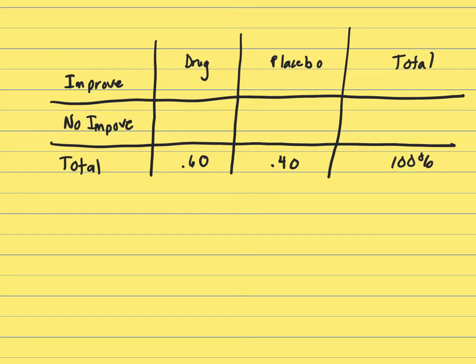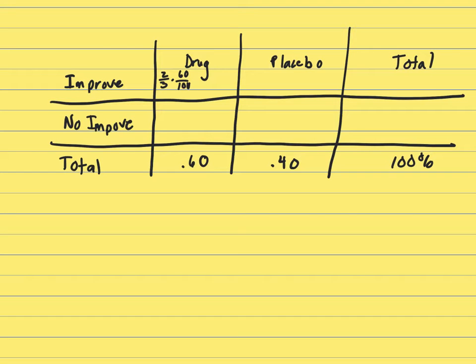Other participants who were given the new drug, so I'm in this first column, 2/3 showed improvement. So 2/3 of the ones given the new drug. Well, how many were given the new drug? 60%. So this is going to be 2/3 times 60 over 100, which is 60%.